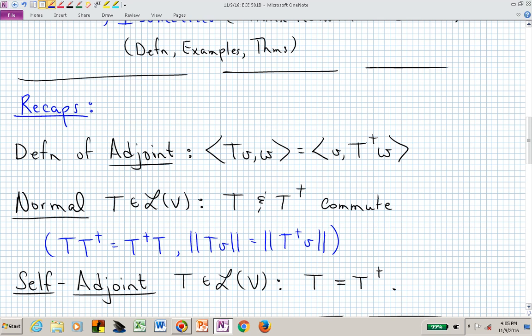A linear operator T is normal if the operator and its adjoint commute. And there's two ways of thinking about that.